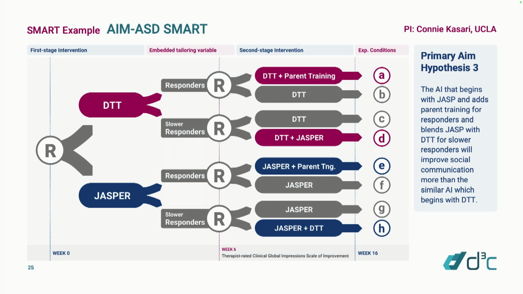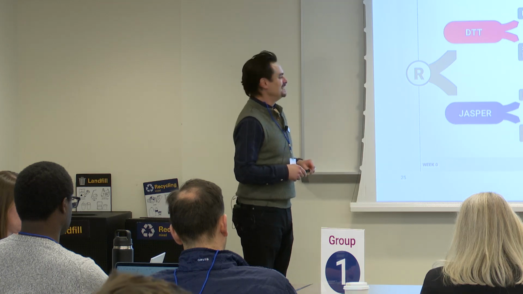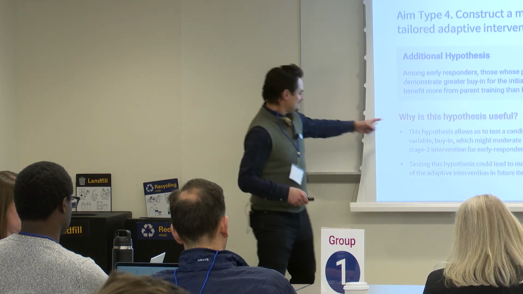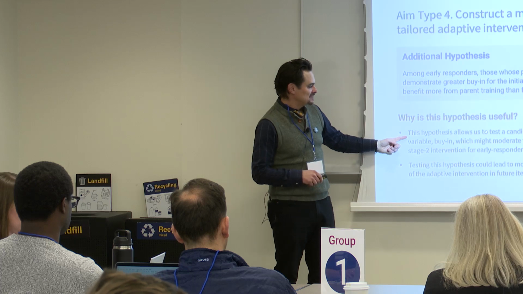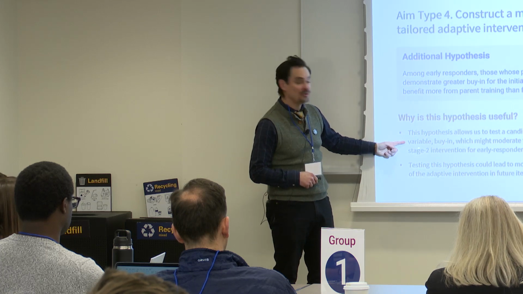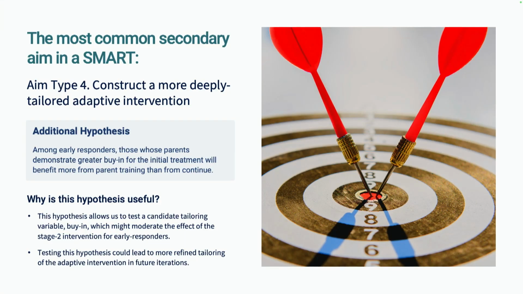Now, you are going to come up with your own questions, but you guys see what's going on here? Everybody see what's going on? Yes? This is a very delicious question because this hypothesis allows us to test a candidate tailoring variable, namely buy-in, which might moderate the effect of whether or not I do parent training. Testing this hypothesis could lead to an even better tailoring variable.